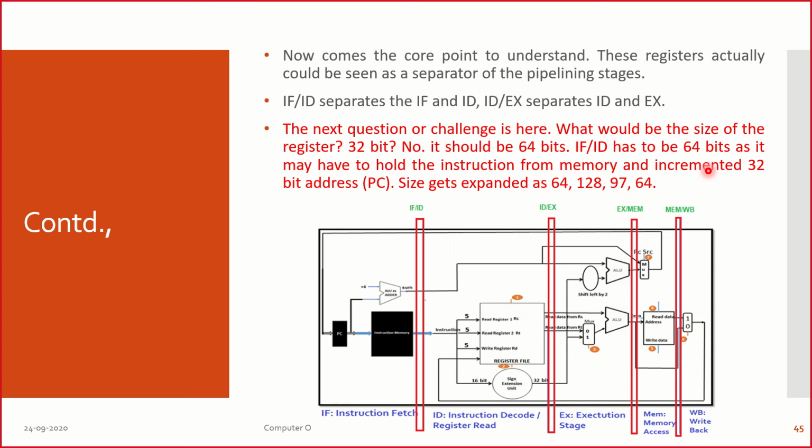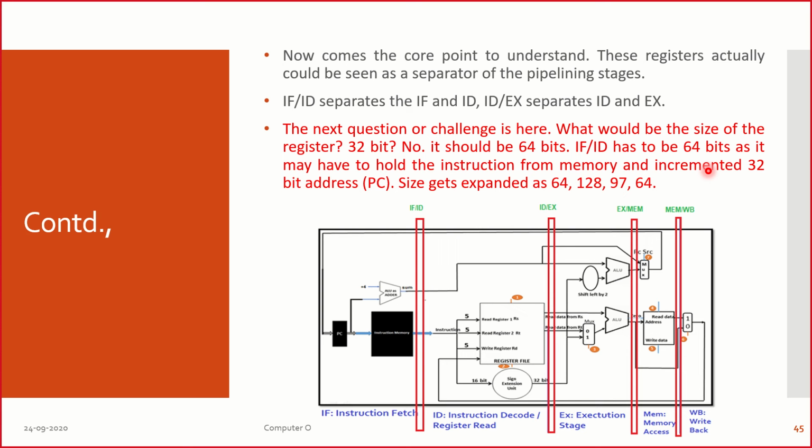I repeat, I am holding content from the previous stage which could be a result. I am holding the content for the next stage which could be needed as an input. So it cannot be just 32-bit. It can keep expanding as 64, 128, 97 and 64 appropriately for each of the stages.